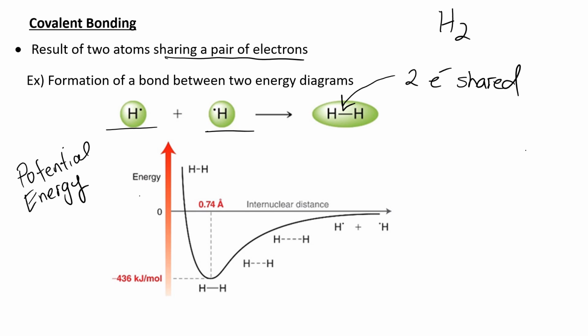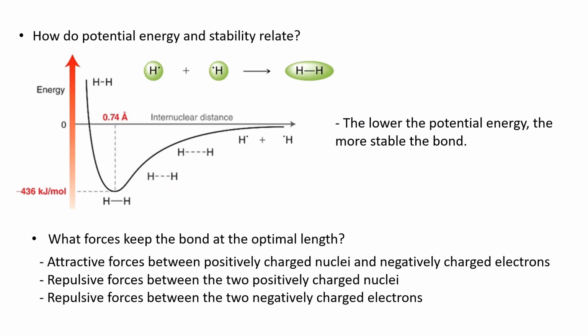The potential energy diagram for the formation of this bond between 2 hydrogen atoms. We have bond length, or internuclear distance, on our x-axis, and we have bond energy on the y-axis. There's a couple things going on here.